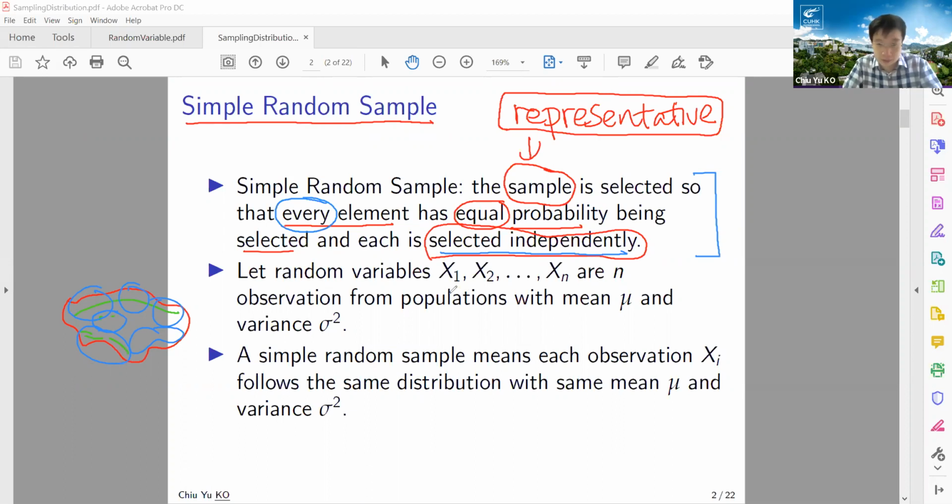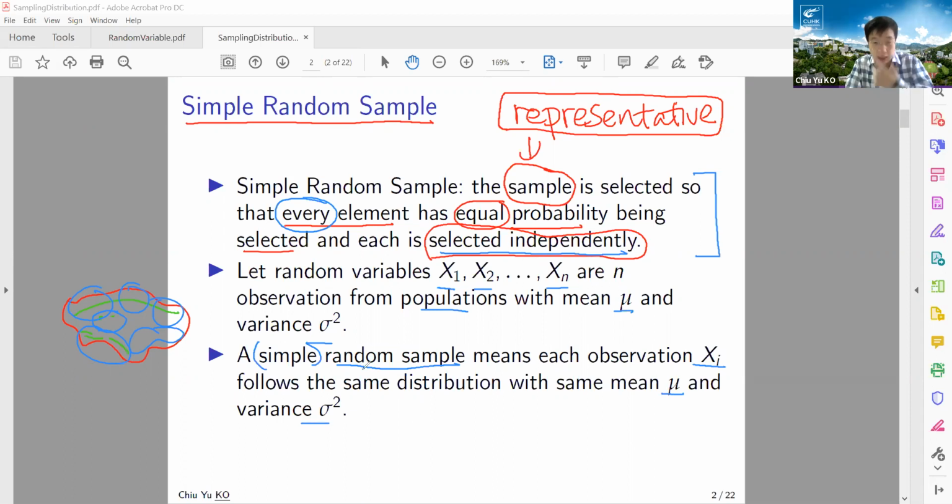mathematically, okay? So we say X1, X2, ..., Xn are random variables, the n observations from a population with mean mu and sigma. They are drawn from there. We will call this a simple random sample, sometimes we ignore the word simple, if every observation has the same mean mu and sigma.